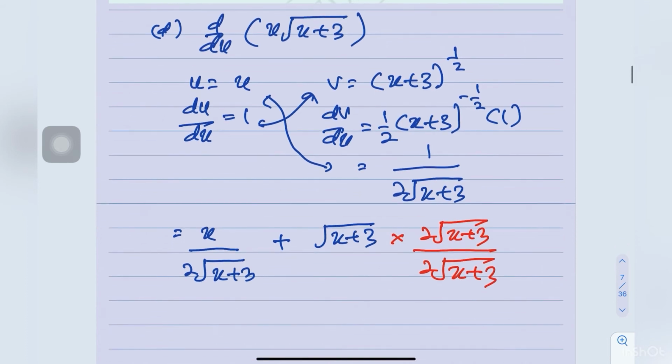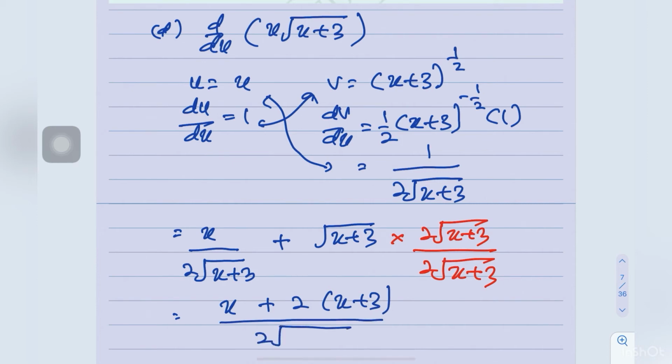So this one we can simplify. This one is x plus 2(x plus 3) over 2 square root of x plus 3.